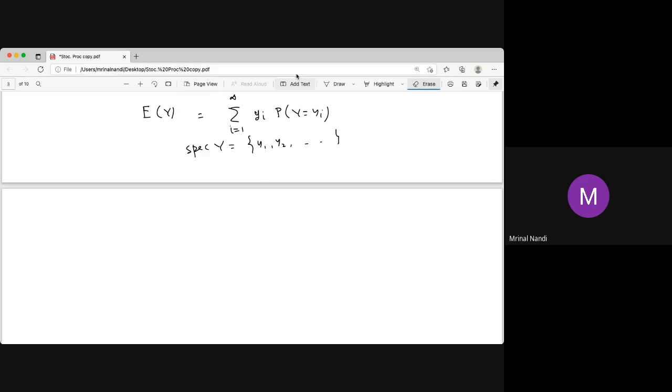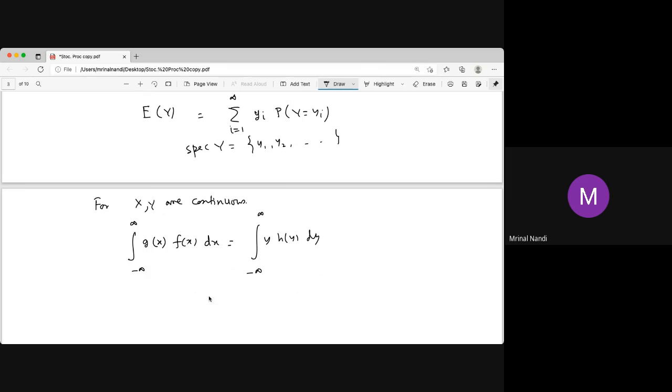And again, for the integration version, x and y are both continuous. There is a problem if x is continuous and y is discrete. We will not discuss that case. So if x and y are continuous, then we have to prove that the integral of g(x) f(x) dx must be equal to the integral of y h(y) dy.